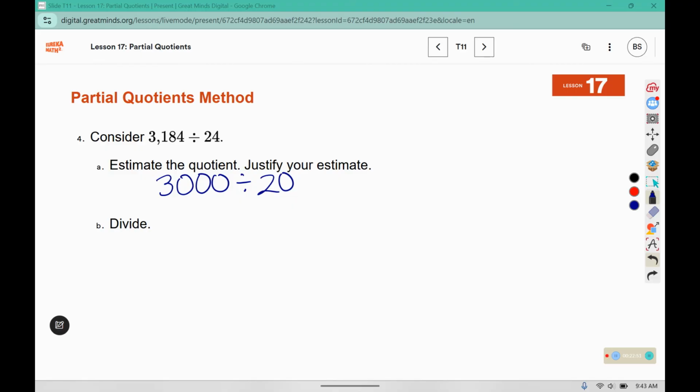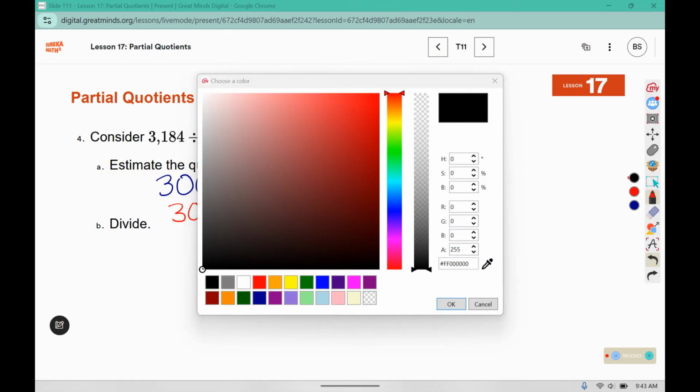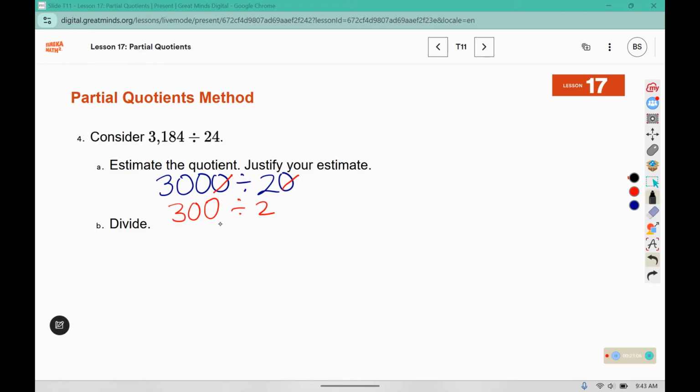We could change this by dividing out a 10 into 300 and 2. 300 divided by 2 is approximately 150. We're justifying over here. We're saying that those are approximately those values.